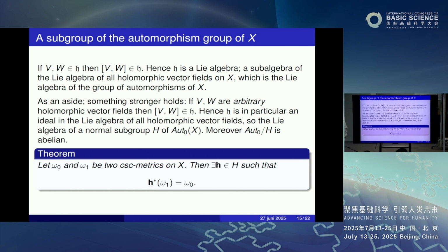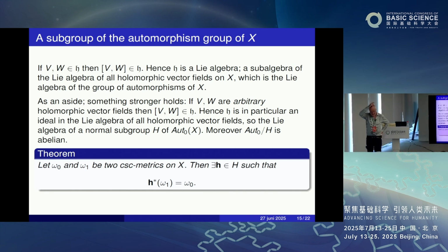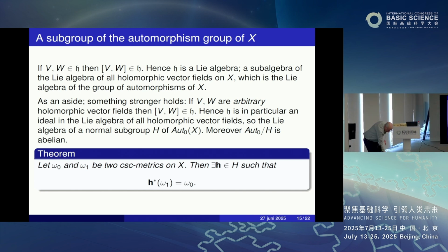So you have uniqueness of CSC metrics up to automorphisms, and not even all automorphisms are needed, but only the automorphisms that lie in this subgroup, or so to speak, complex Hamiltonian vector fields.